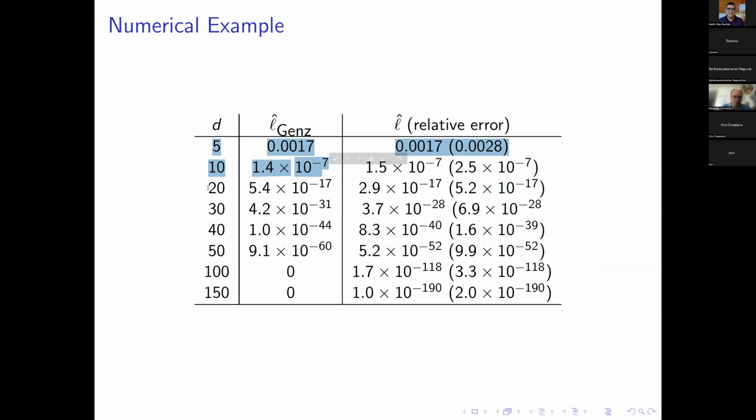Beyond 10 dimensions, we lose accuracy. You know, we can be pretty confident that this is the true answer, whereas this one is already quite inaccurate. And for say 30 dimensions, it's no contest.